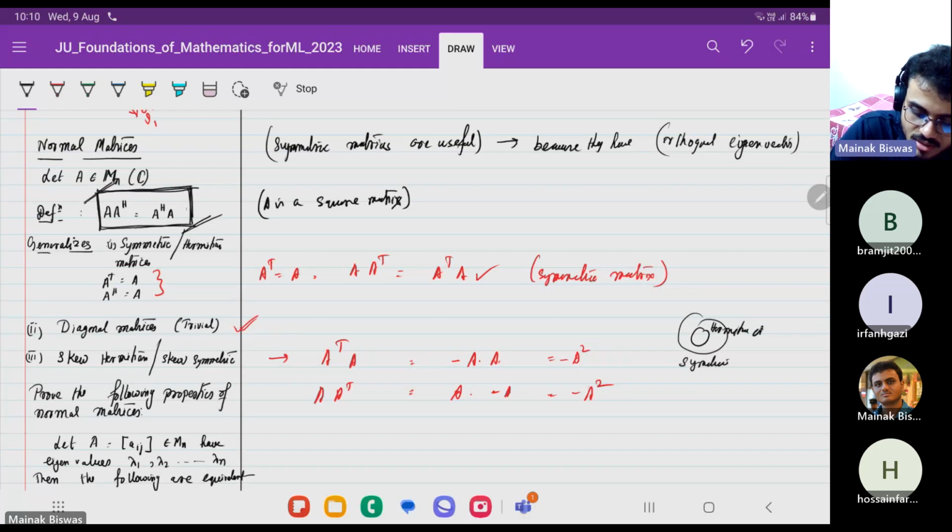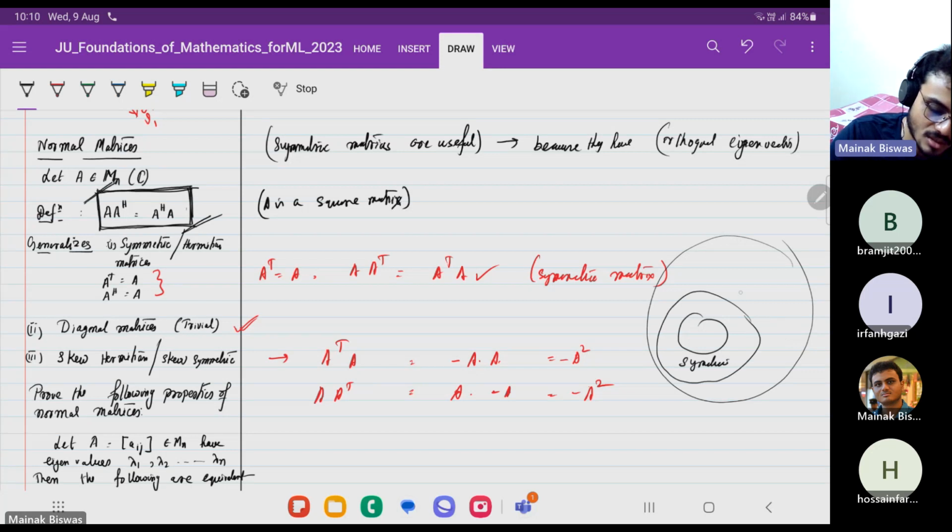Symmetric, Hermitian will be above it. So this is Hermitian, and then you will have other classes of matrix: skew symmetric, diagonal, right? And we are trying to bring all of these under the same umbrella called a normal matrix.